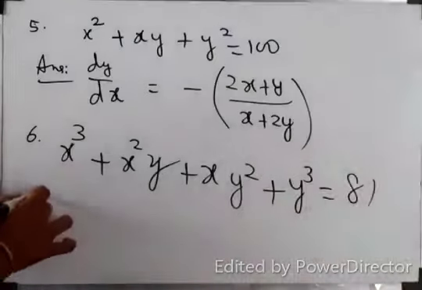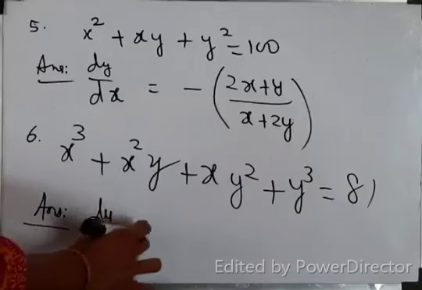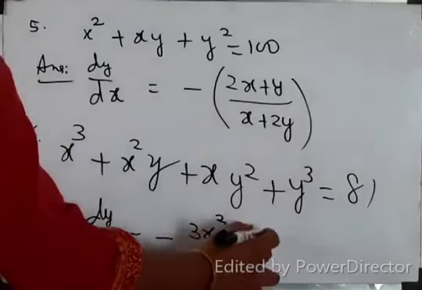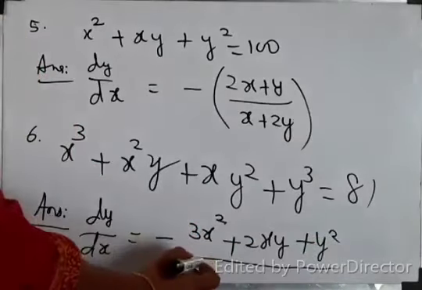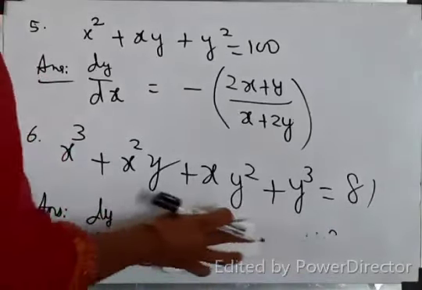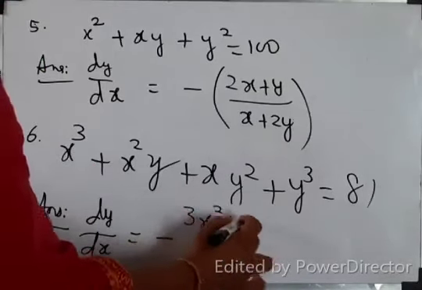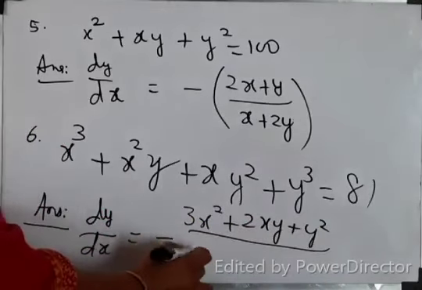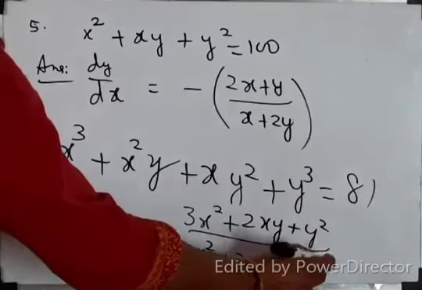What is your answer? dy by dx equal to minus (3x squared plus 2xy plus y squared) numerator, divided by (x squared plus 2xy plus 3y squared).